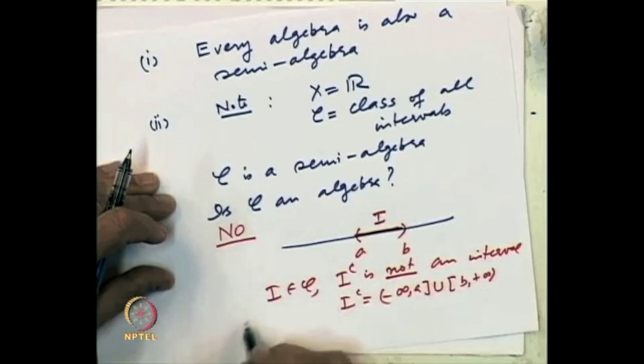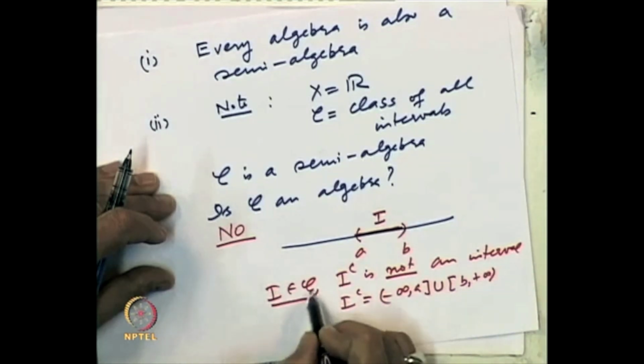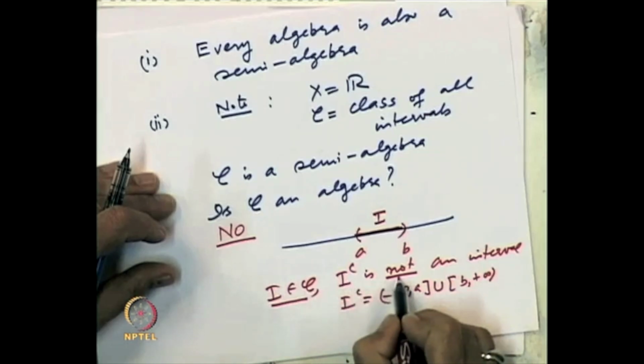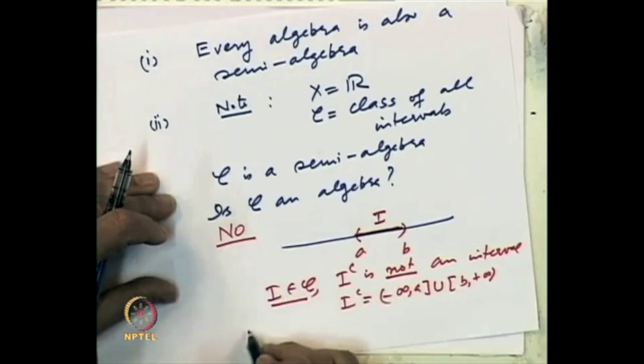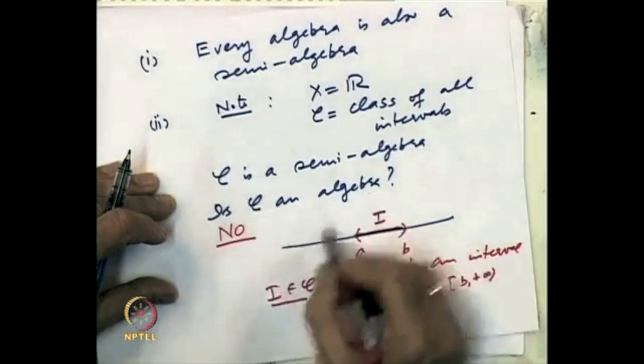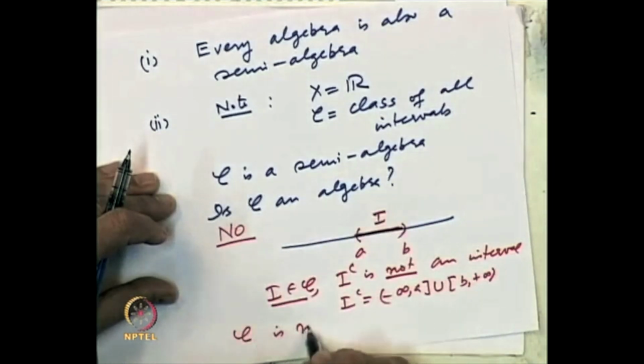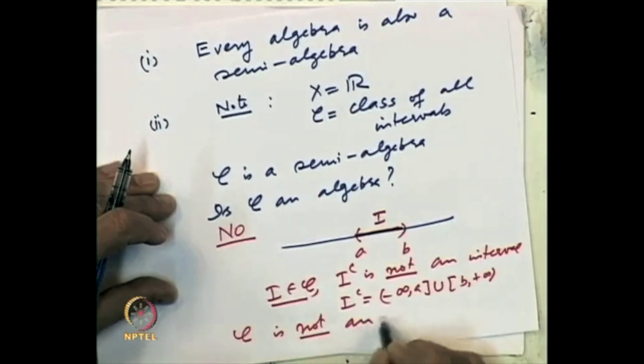So when I belongs to C, I is an interval, its complement need not be an interval in general. So that implies that this collection C is not an algebra.